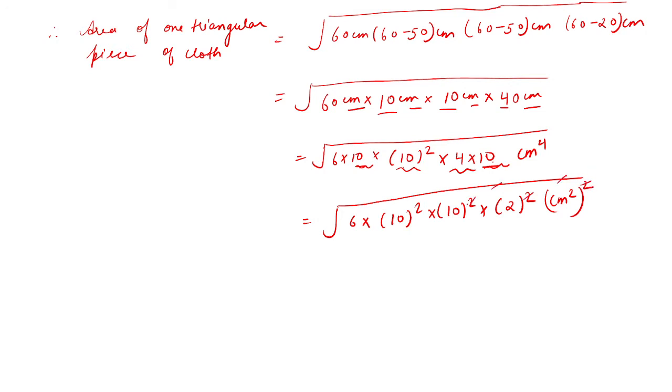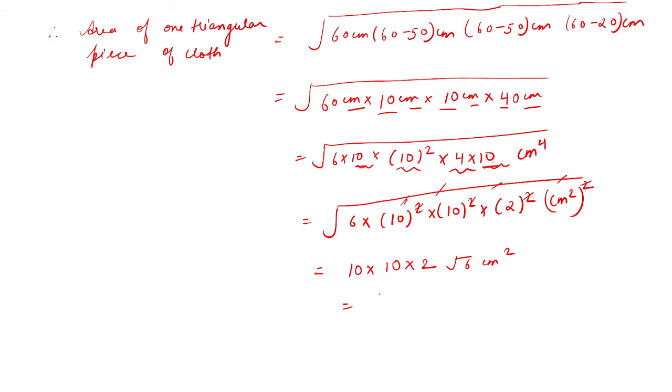But root 6, you cannot cancel, right? You cannot remove the square root. Therefore you can write this as 10 into 2. If you have watched the previous videos, I have shown you how to separate these. In case you're confused with this step, you can watch the previous videos on how I have separated them, and I have written it as a single term, into centimeter square.